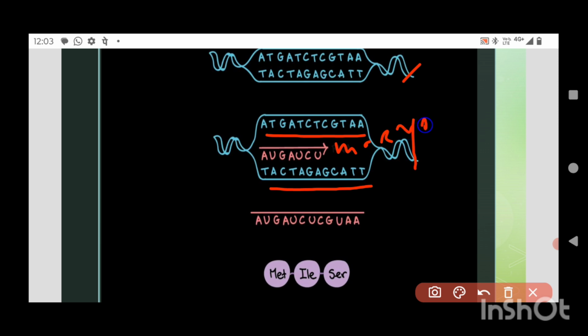In mRNA, T is represented as U. So A is present in mRNA, but in case of A on the template, it is represented as U. So we can see no presence of T, no thymine, in the mRNA sequence, but it is replaced by U or uracil. So AUG will be the correct answer for this question.